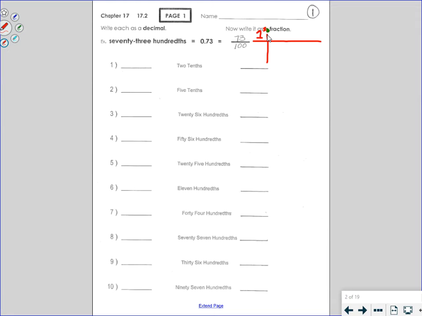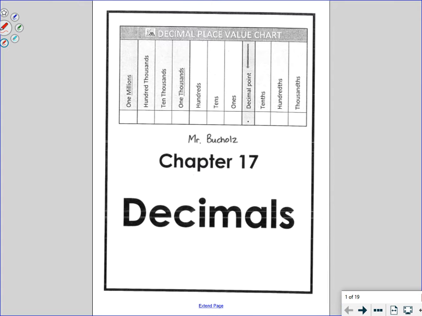I'm going to put tenths. I'm sorry, I'm going to insert a blank page here and make this a little bit bigger.